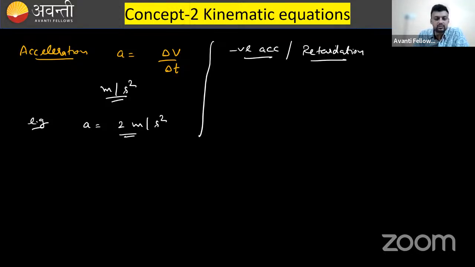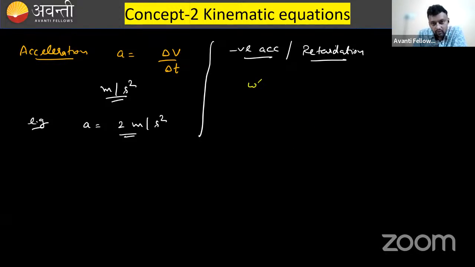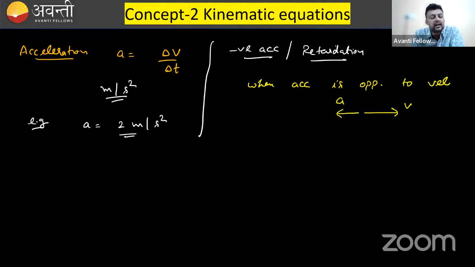I will ask you a few very small questions after this. So, what is retardation? When acceleration is opposite to velocity, that means the particle is moving in the right direction and acceleration is in the left direction, then this is known as retardation.